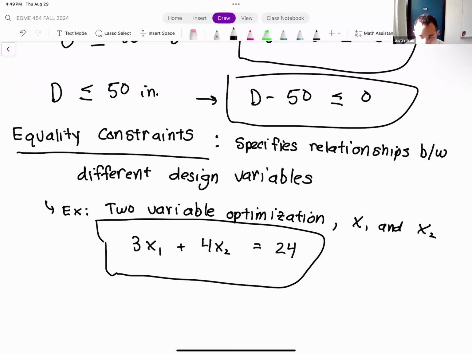Okay? So let's say that we run this through an optimization algorithm, and we find that the value of x1 is 3.